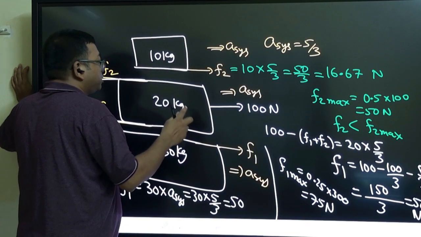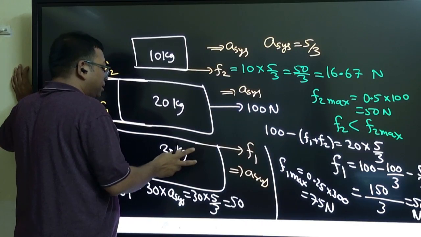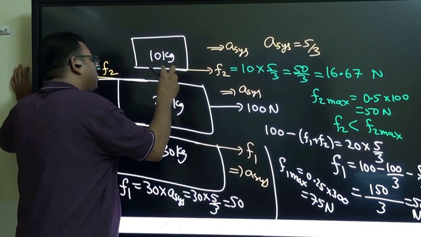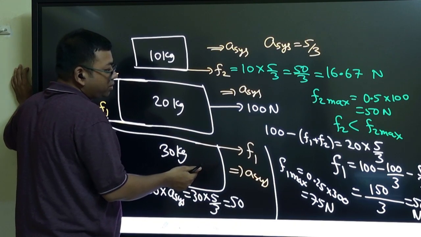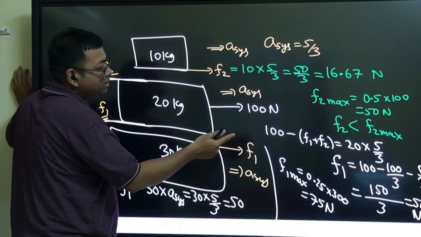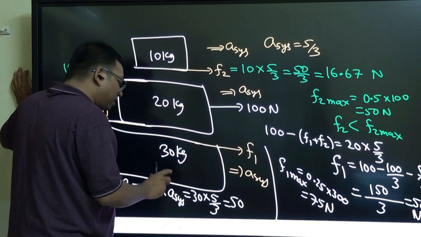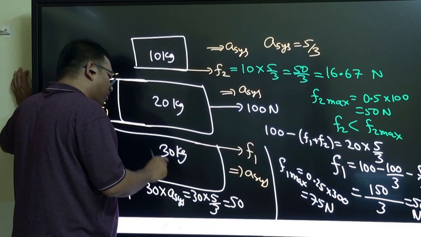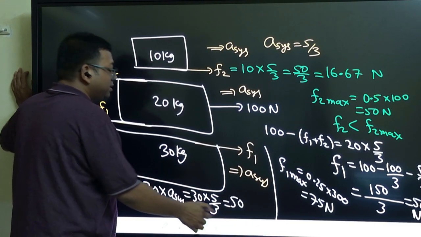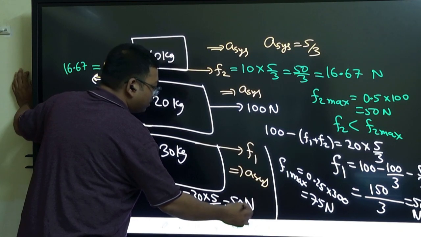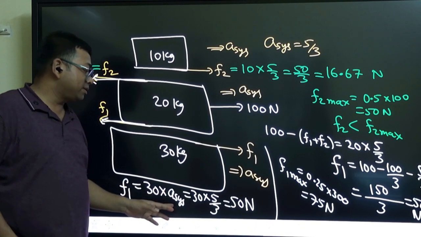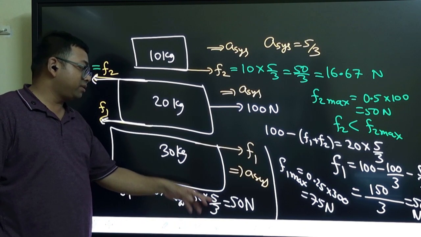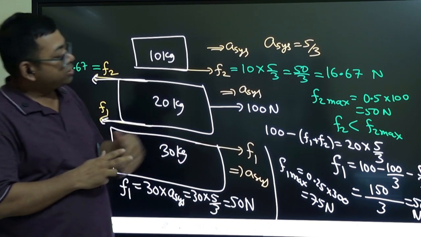We have to calculate separately first and check, because if you use this one and this one, maybe they can give different values of F1. How much F1 has come? 50. Here let us check whether same is coming or not. And I think we are getting the same value. Correct? Same value, because this force is mass into acceleration, 30 into 5 by 3. It is also coming 50, that is also coming 50.